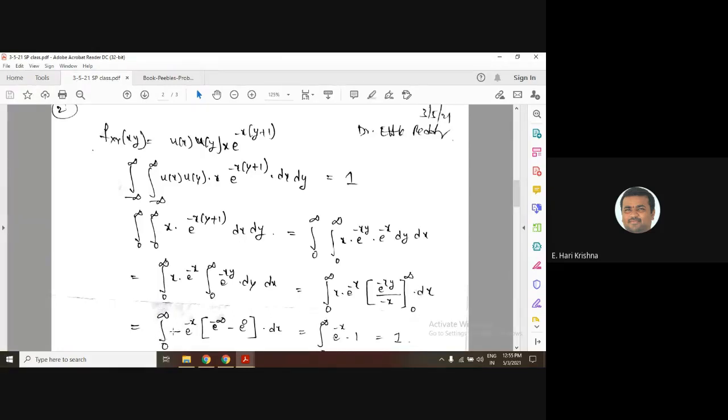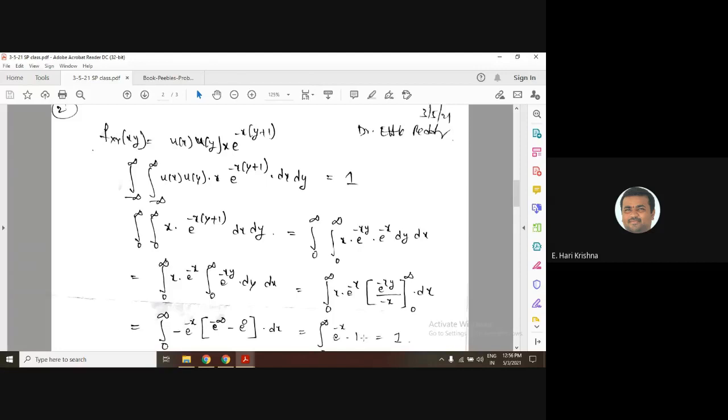So from 0 to infinity, because the minus is there, minus into e power minus x, and here this x and x get cancelled, only minus 1 is left over. Substituting the limits e power minus infinity and e power 0, finally we got the integral of e power minus x dx.